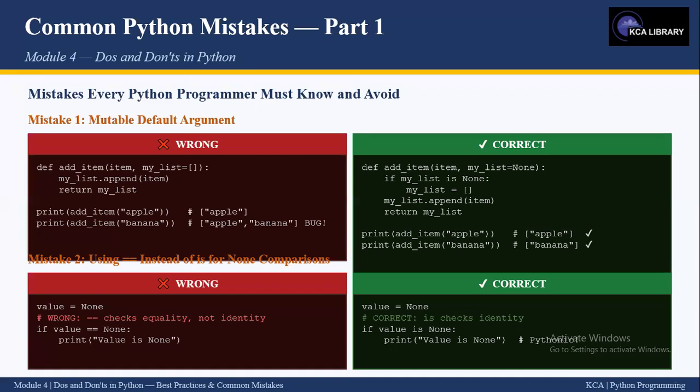Common Python mistakes. Mistakes every Python programmer must know and avoid. Mistake 1, mutable default argument.